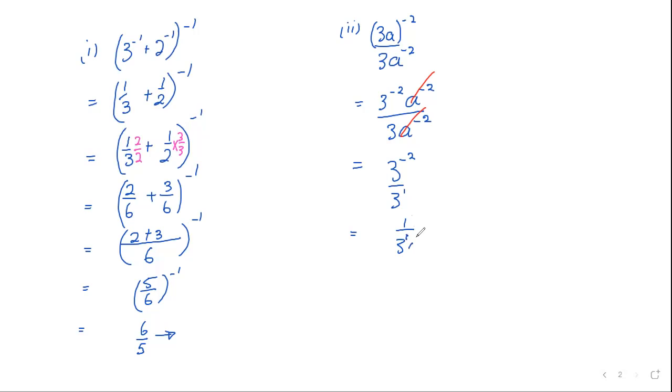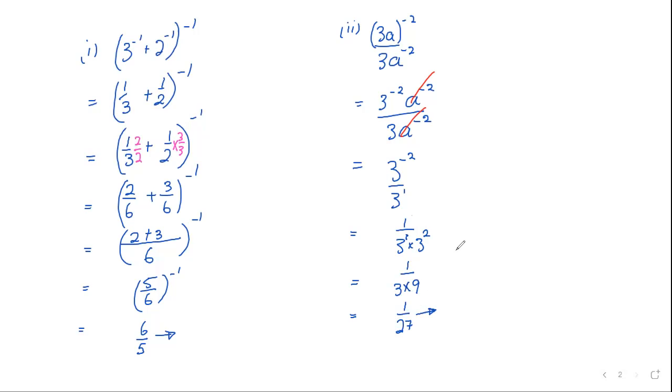Multiply by 3. If it's down, the sign there changes to positive. 3 times 9 is 27, so 1 over 27.